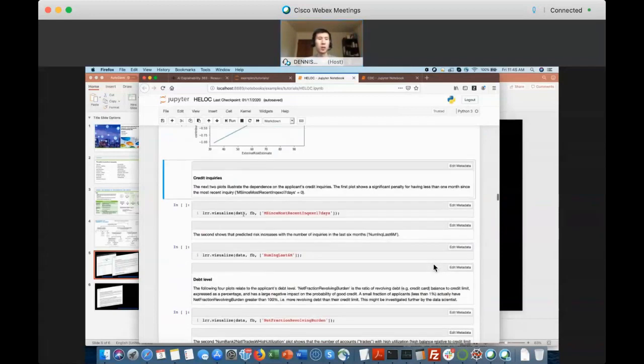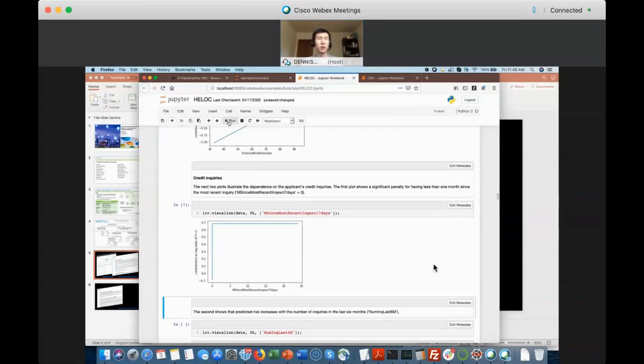We can look at another one. This is another one that I mentioned. So months since most recent inquiry, excluding the past 7 days. Credit inquiries are things that lenders, or sometimes employers or landlords, do to check your credit when you want to apply for something.